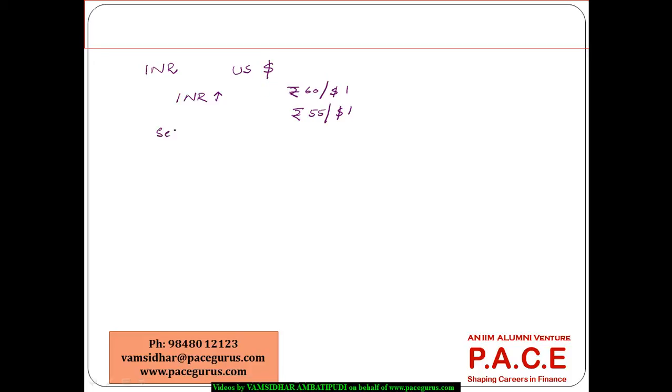Then what I do is I'll sell a foreign currency forward, wherein I freeze the exchange rate to be 60 rupees a dollar. So I'm removing the kind of a depreciation that can occur with respect to the dollar.